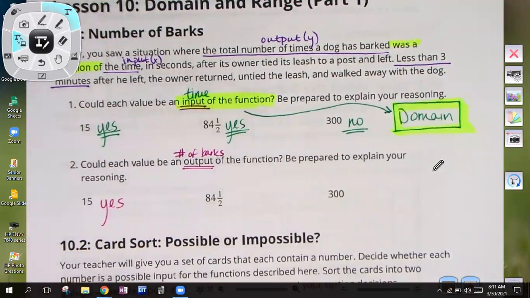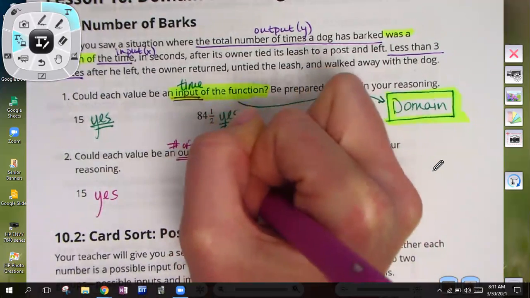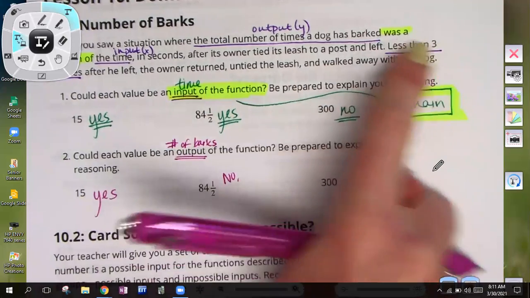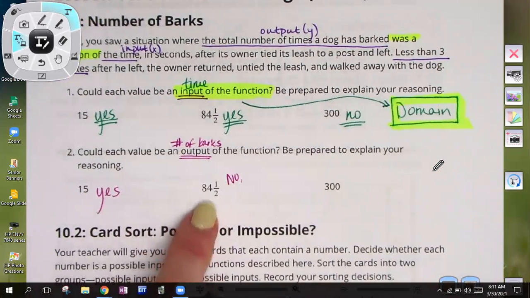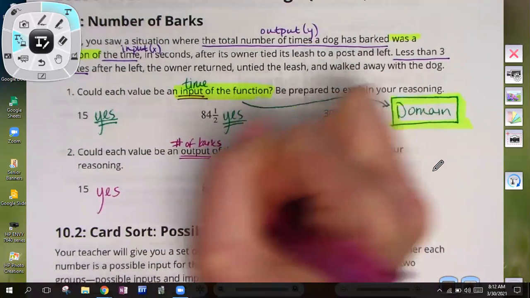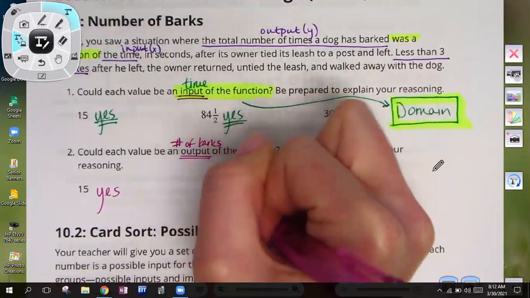Could the dog have barked 84.5 times? You can't bark half a time. No. So we know it can be a whole number, but it can't be a fraction or a decimal. So no, it can't bark half a time, because it does say to explain.